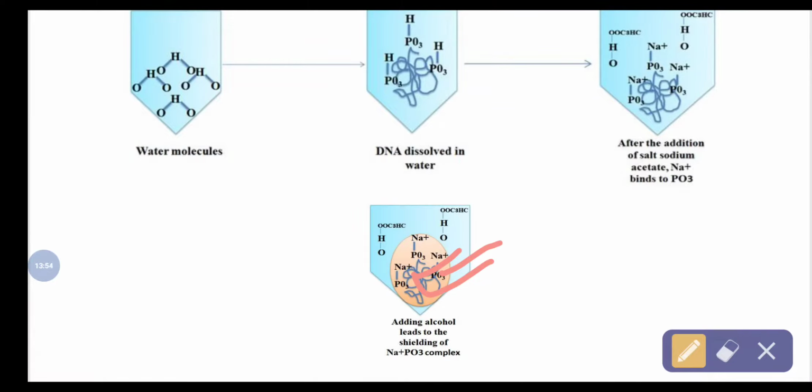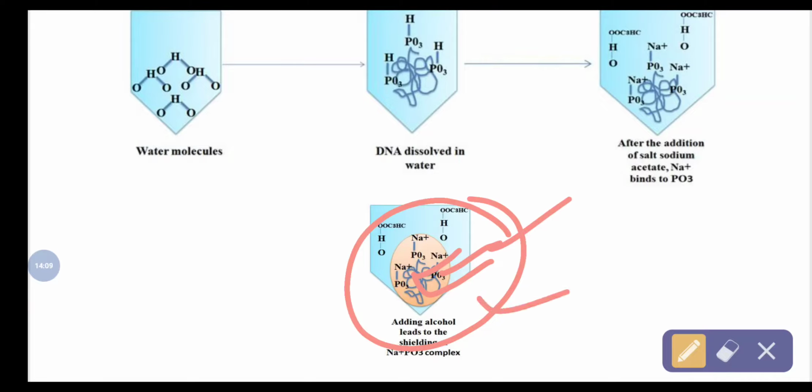So it protects the sodium and phosphate complex from water by forming a shield over that complex, and the force of attraction between the sodium ions and the phosphate ions increases after the addition of alcohol. So this is how the alcohol preserves this complex of salt and DNA and leads it to precipitation. This is the basic mechanism behind the precipitation.